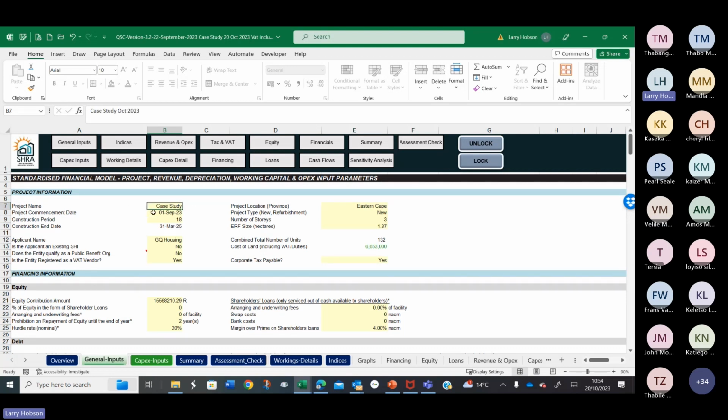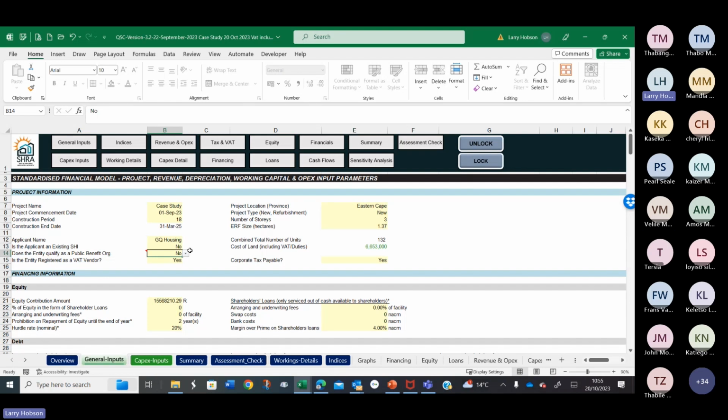Project commencement date, 1st of September 2023. Construction period 18 months, so it'll finish 31 March 2025. Applicant name, we've called it GQ Housing, because that's where I'm from. I used to be from PE, I'm now from GQ. Is the applicant an existing SHI? No. Does it qualify as a public benefit organization?